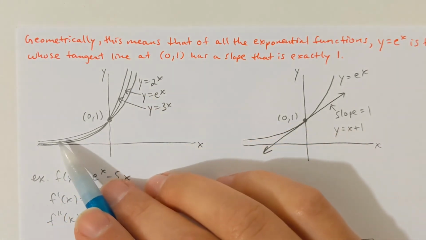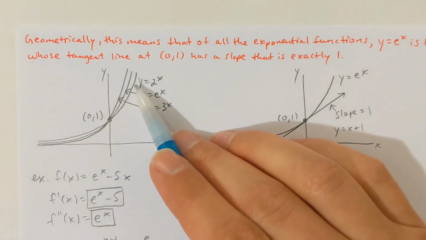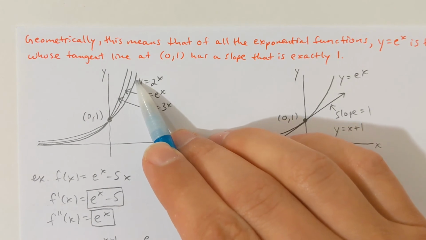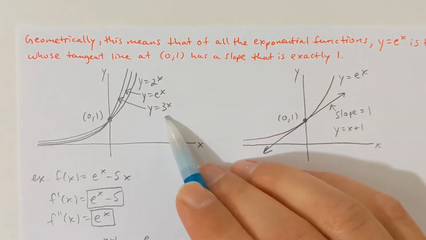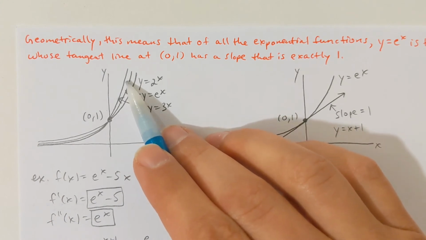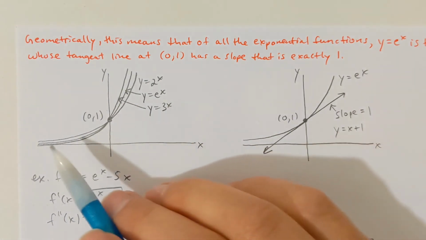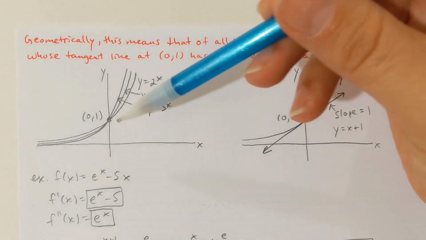Sorry, it'd be the top curve right here. You're going to pass through 0, 1, and then it'd be this curve right here. Okay, y equals 2 to the x. The bigger the base, the bigger the shot upward, right? So here would be y equals 3 to the x. E is between 2 and 3, so here would be y equals e to the x. Okay, now notice how all three of these curves pass through the point 0, 1.